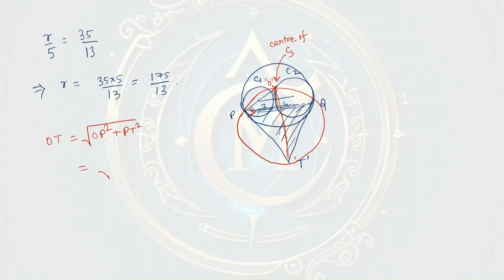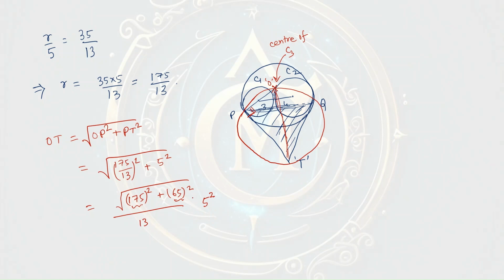That means it becomes OP is the radius of the circle C3, which is 175 by 13 and whole square of it. Then PT is of length 5, so 5 square. Now this we can simplify. It becomes 13 in the denominator and then 175 square plus 65 square. Now from these two we can take 5 square common.